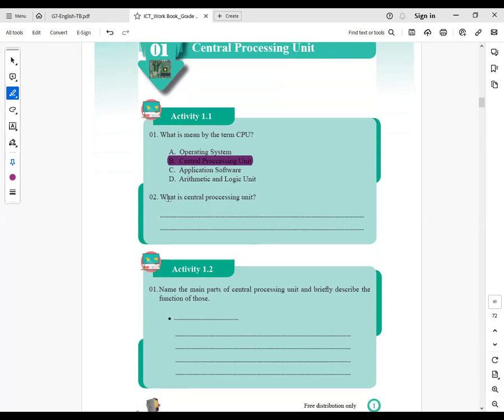Then what is the central processing unit? The CPU is a digital circuit that processes data according to the given instructions. Yes, very good. It's a digital circuit that processes data, right?